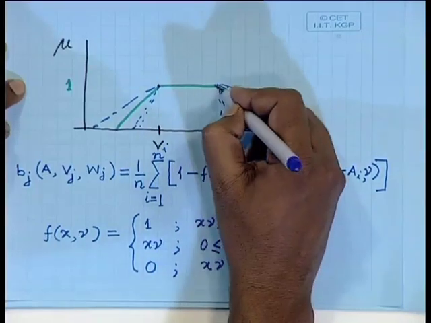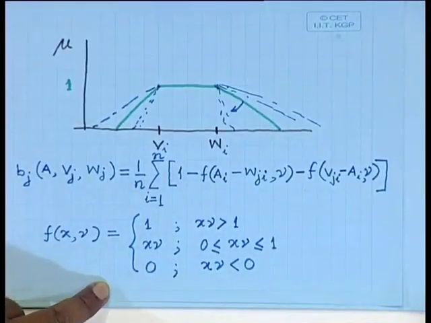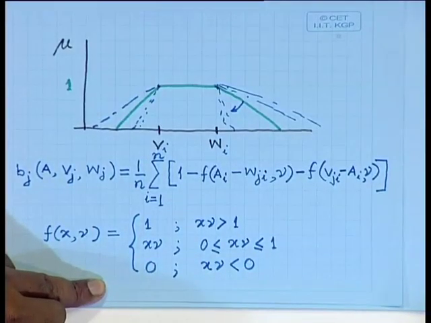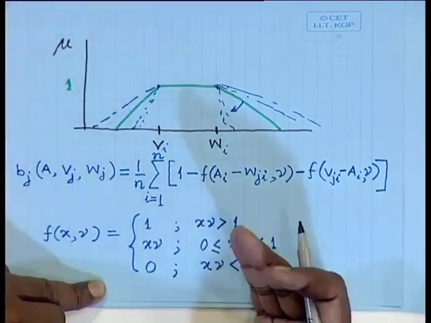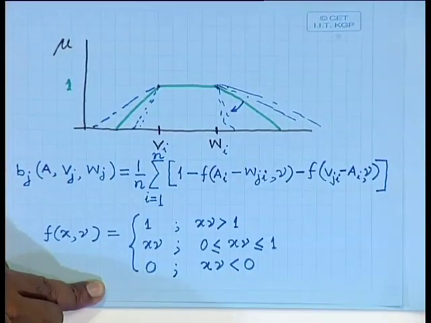When the slope is becoming more and more, we are moving more towards hard classification or crisp classification, as it is called. If the value of gamma is less, then the crispness or hardness is reduced, and at the same time the fuzziness is increased. So, gamma is a parameter which controls the degree of fuzziness. If the value of gamma is more, the fuzziness is less, and if the value of gamma is less, the fuzziness is more.